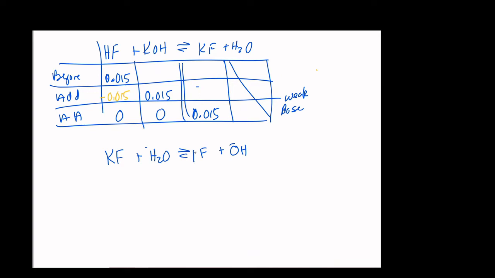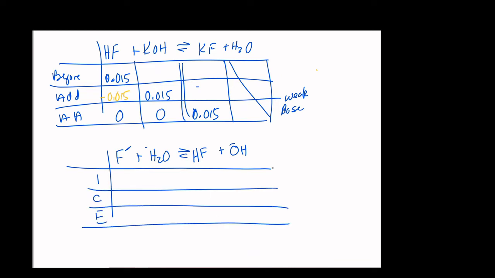I probably should write HF. So the fluoride is reacting with water. I'm sorry, I got that wrong. The fluoride is reacting with water to give us HF plus hydroxide.